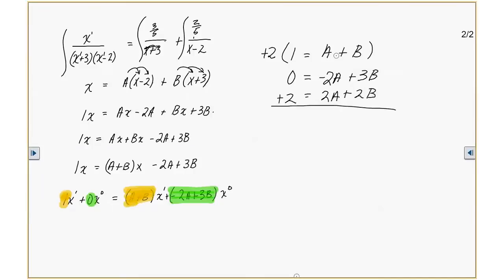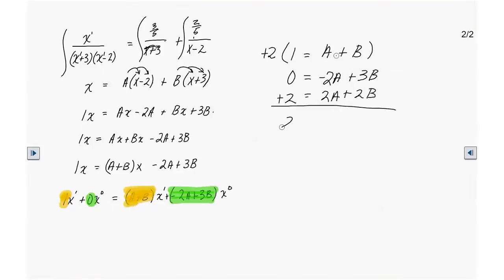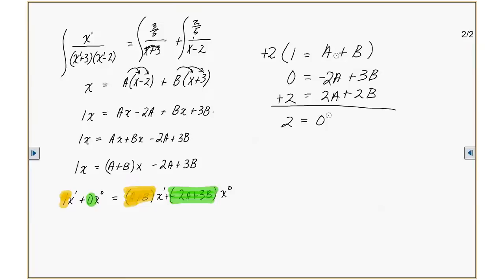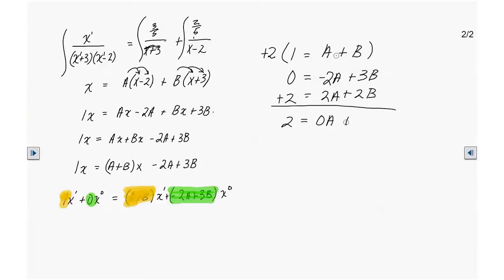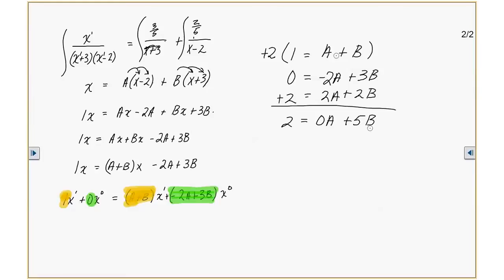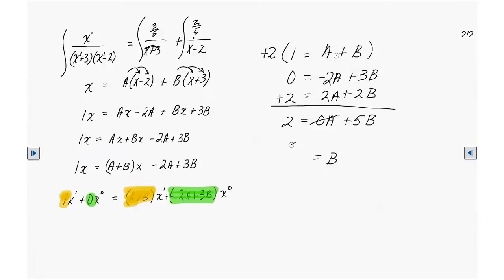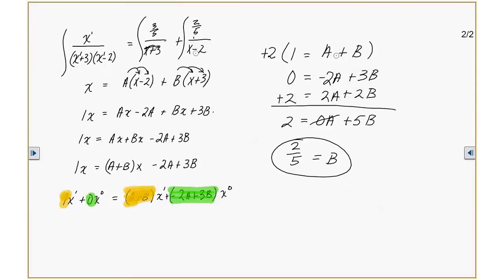Add them. That's 2 is equal to 0A plus what? 5B, Hubert. That's right, class. What happens to the A term? Goes out. Then you get B is equal to what? Does that check? Yep, we got 2 fifths before.